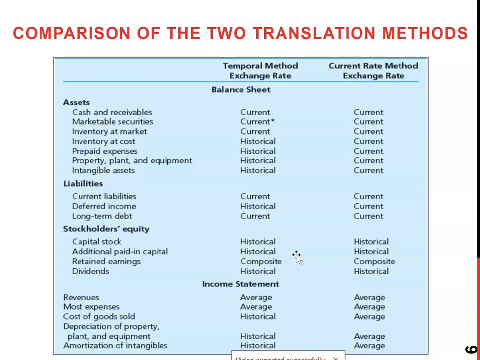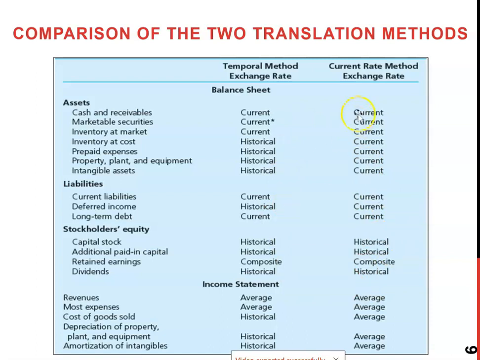Now, if you need to convert those into US dollar, you need to use an exchange rate. But we know exchange rate changes every day, right? Exchange rate fluctuates and it can change for different factors. So which exchange rate are you going to use? This chart will tell you the exchange rates that you have to use.